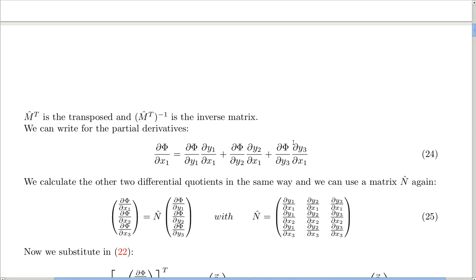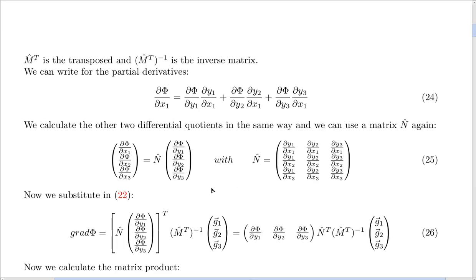Now we want to differentiate with respect to the y coordinates. Okay, we have three y coordinates, so if we apply the chain rule here, we get a sum of three addends, y1, y2, y3. That should be clear from elementary calculus. And if we calculate the other two equations, then we can write this as a vector equation.